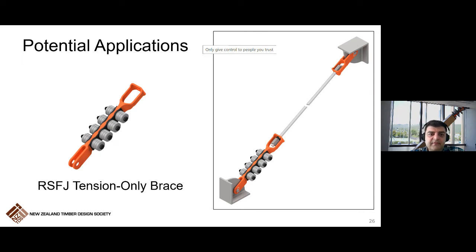That's the point of difference from tension-compression braces. Most of the standards around the world restrict the use of tension-only braces to 1 story or 2 stories. But with the resilient slip friction joints connected to a tension member, we can have a ductile tension-only system.